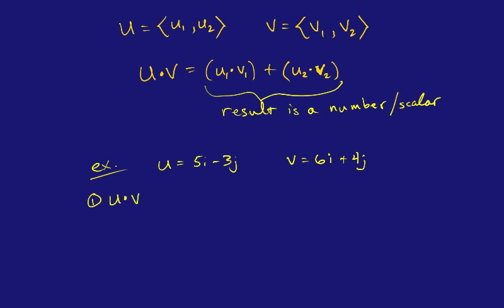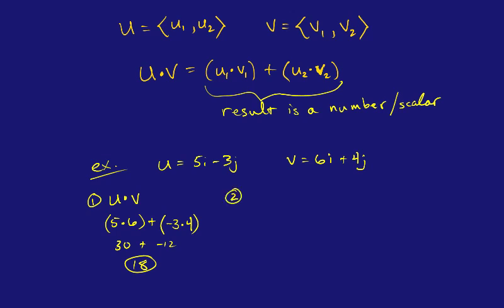Following up above, we're going to multiply the horizontal components. So the horizontal components are the 5 and the 6, and so we're going to do 5 times 6. And then we're going to add that to negative 3 times 4. So 5 times 6 is 30, plus negative 3 times 4 is negative 12. 30 minus 12 is 18. Boom. That's your scalar. So that's the dot product. It's 18.